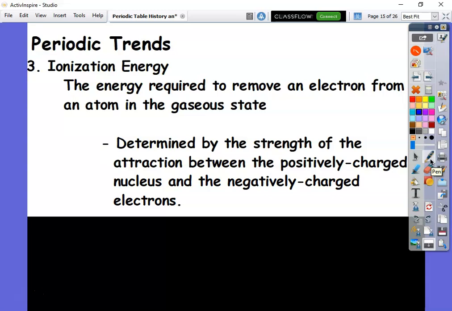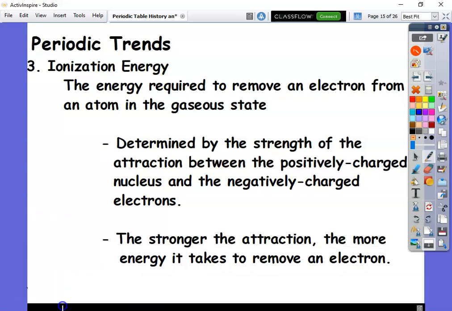And so when you learned about atomic radius and ionic radius, we did a bit of discussion about how much charge is coming from the nucleus, how strongly can the nucleus attract the electrons, which are the opposite charge. And so we're going to rehash that idea.